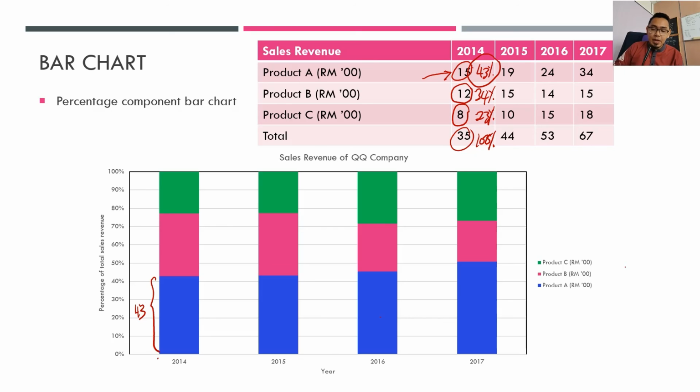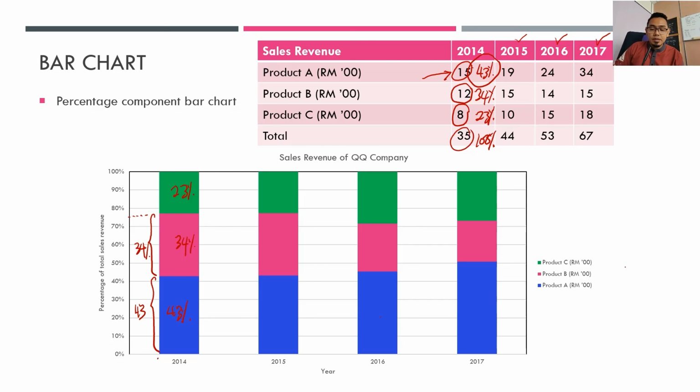And the next one will be 34, so 34 plus 43 will be 77. So this one is 34%, and of course this one is 77. And the rest will be 23%. So 23, 34, and 43%, something like this. And then we have to do the same thing for each year, 2015, 2016, and 2017, and we'll have this percentage component bar chart.